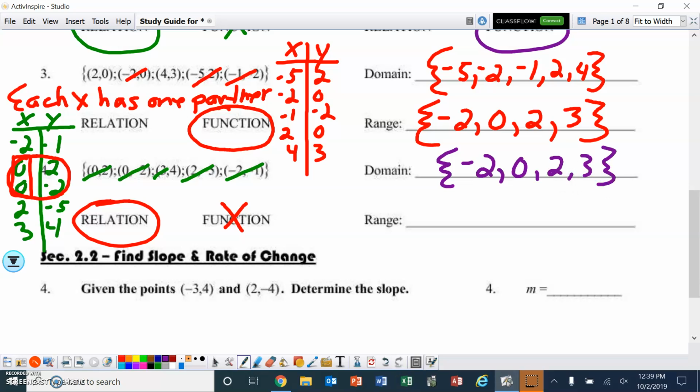And the range is, let's see, going from smallest to largest, we've got -5, -2, -1, 2, and it looks like 4. All right, that's it for section 2.1.